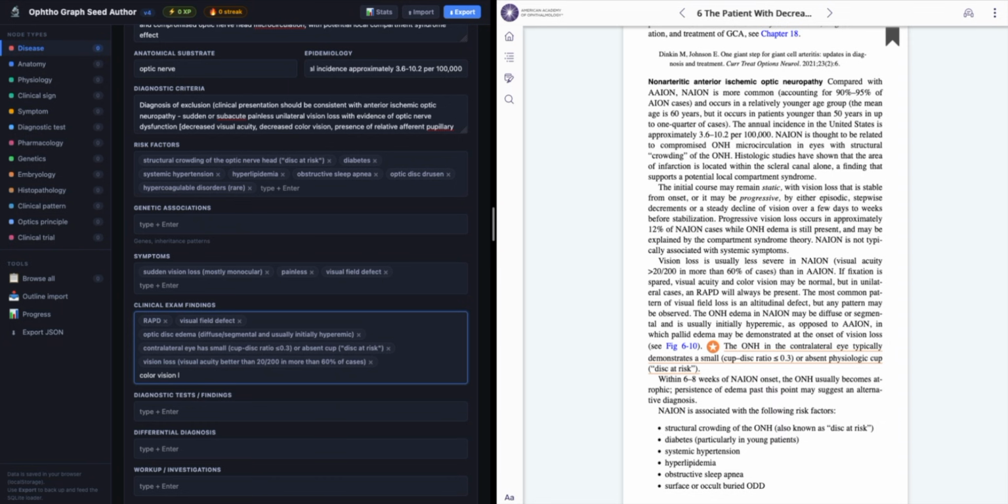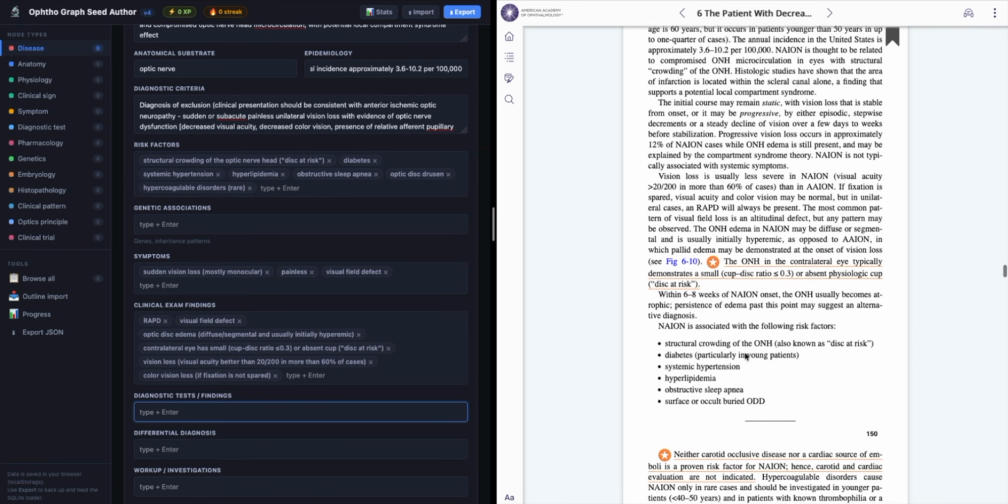Color vision loss if fixation is not spared. Okay, so that kind of describes the clinical exam findings, the symptoms, some diagnostic tests now, right?